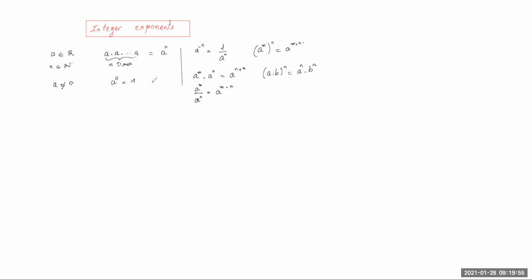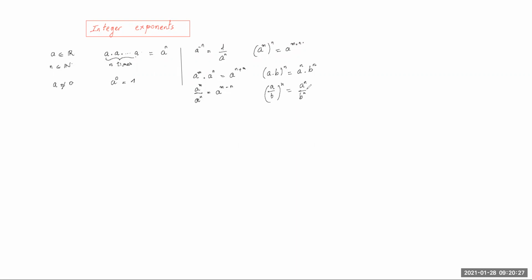Here we are using the definition for the product ab, using commutativity of multiplication. Commutativity means I can move the terms in my product, change the place. Associativity also. And a over b, everything power n, is a power n over b power n. You can separate. So just come back to the definition if you forgot anything.